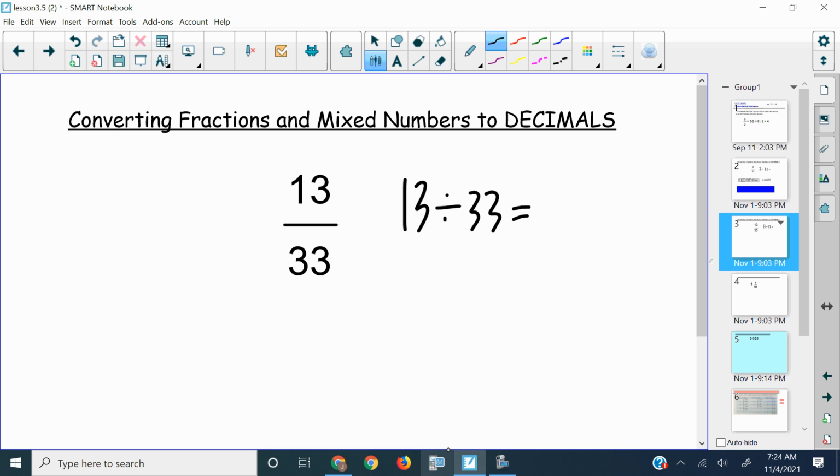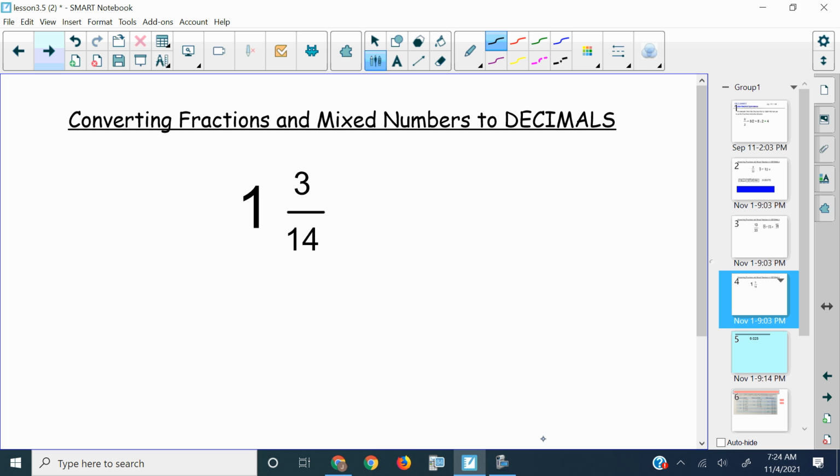When you press the equals button, hopefully you see this. But it's not just that, it's that repeating over and over again. So I'm going to put a straight line over both the 3 and the 9, showing that they both continue to repeat.